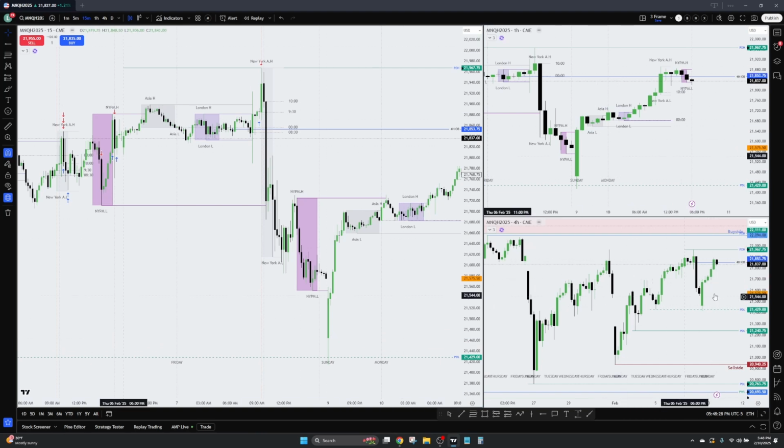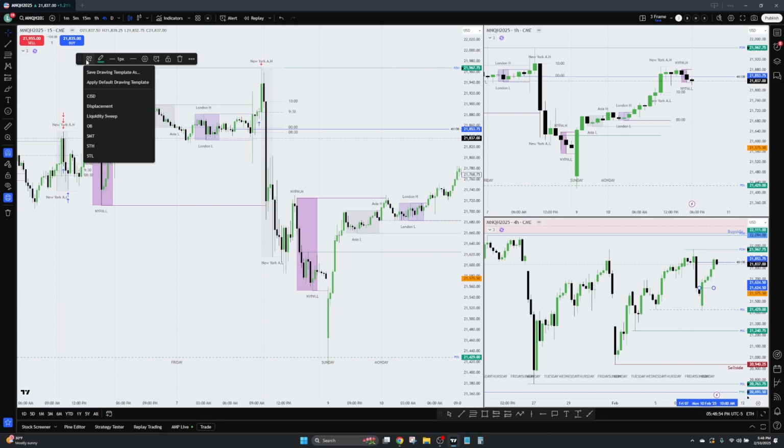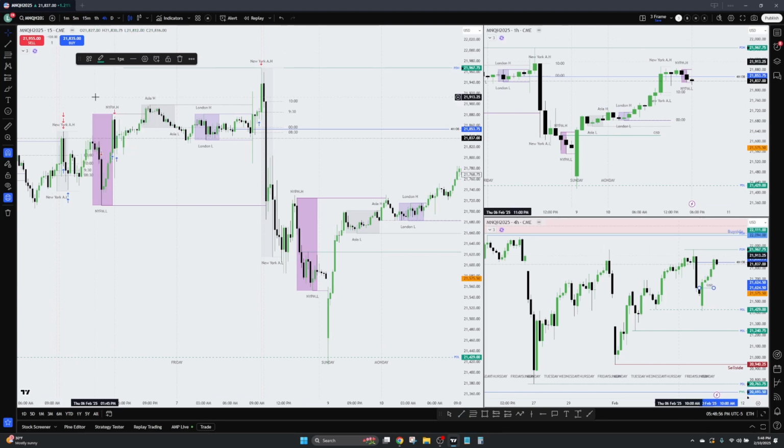We have a 4-hour chart over here, and at 8:45, you're going to be right around this area on the 4-hour chart. If we're seeing this movement, we can see that it took out the previous daily low, and then it had a displacement move right here, creating a change in the state of delivery on the 4-hour.